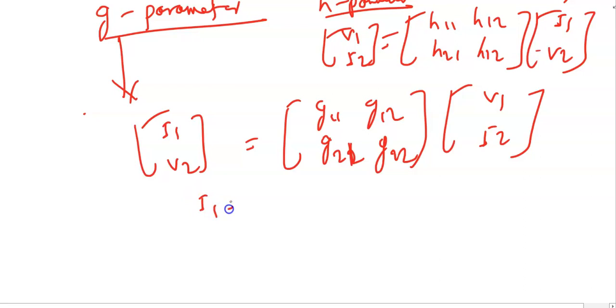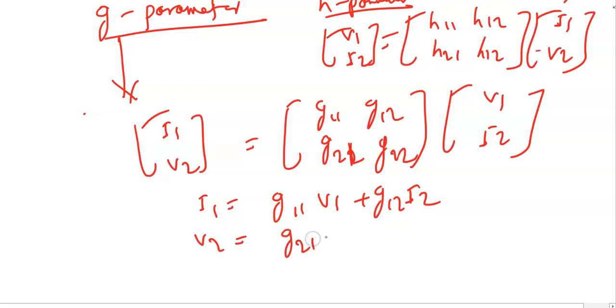So I1 is equal to G11 V1 plus G12 I2, and V2 is equal to G21 V1 plus G22 I2.